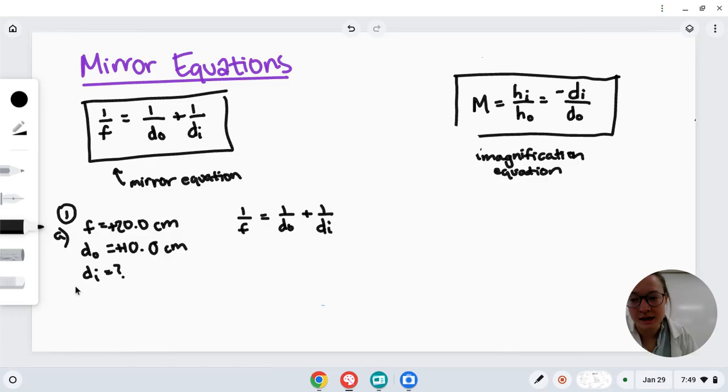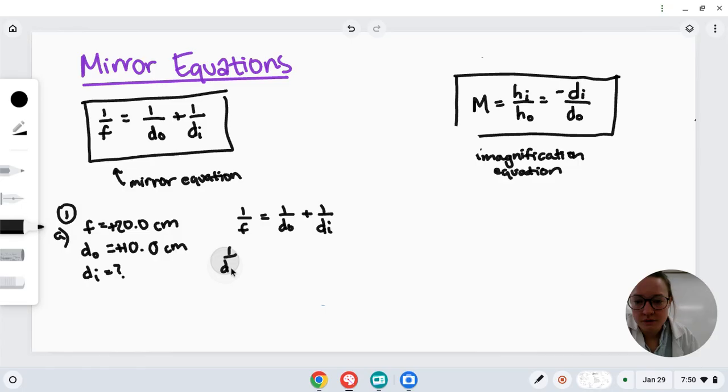Now that I've written my knowns and unknowns, I've written my original equation, and I've checked all my signs, now I'm ready to play. First, I'm looking for di. So let's get di on one side of the equation all by itself. I'm going to subtract 1 over dO from both sides, and I'm going to get 1 over di equals 1 over f minus 1 over dO, like so.